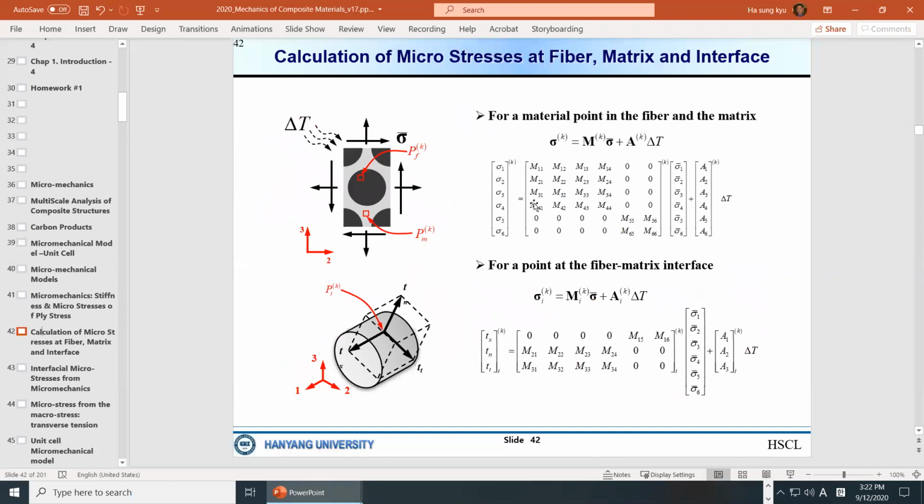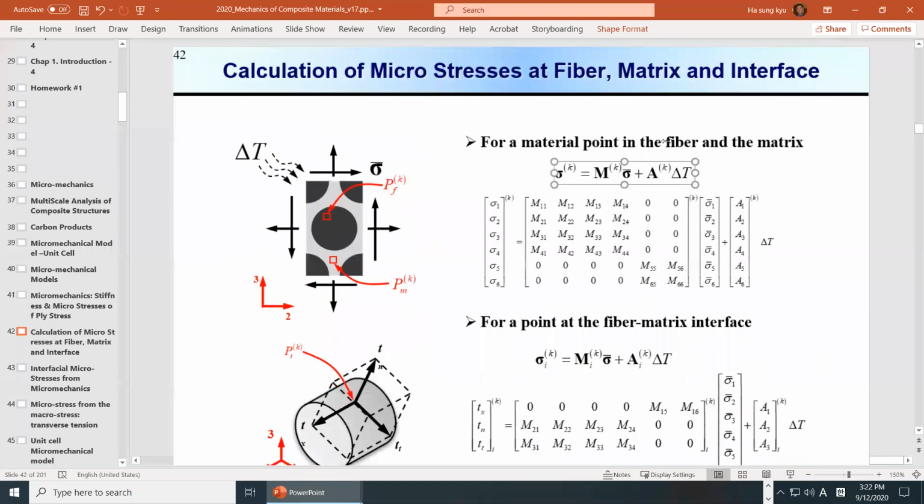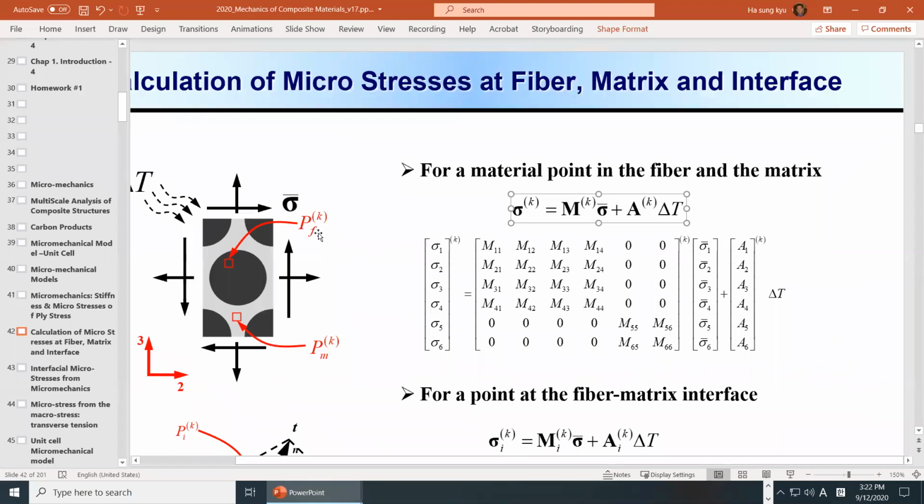And this is in more detail, depending on the position. As you can see, we have a K. K means the location. K represents the location, and sigma bar means the macro level.